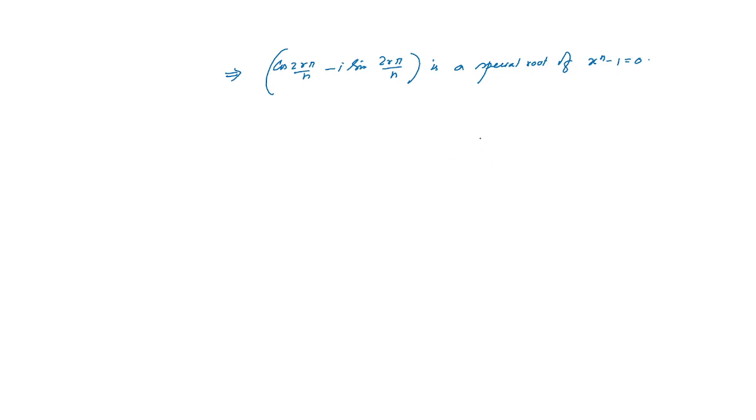Okay, because cos 2(n minus r) pi by n plus i sin 2(n minus r) pi by n is exactly equal to cos 2r pi by n minus i sin 2r pi by n. That is a simple trigonometric calculation.